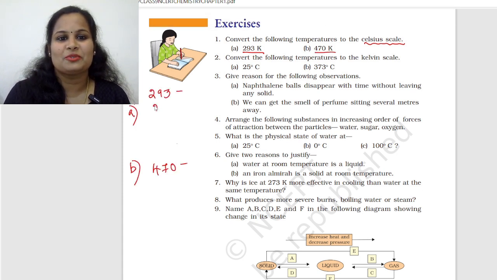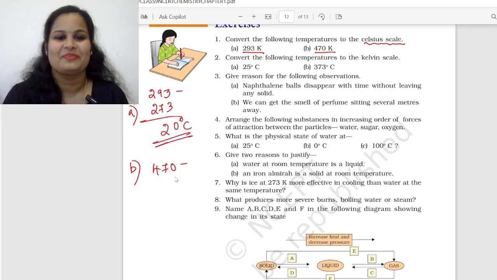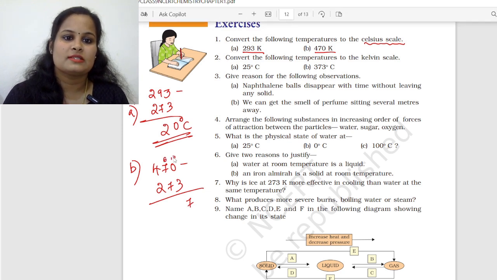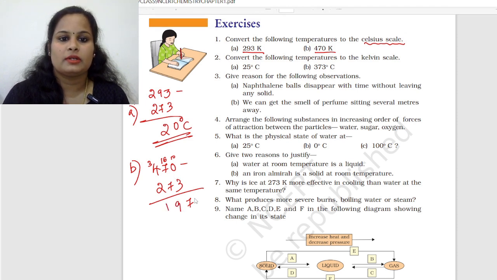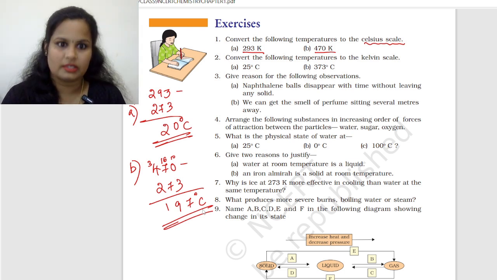This comes as 293 minus 273, which is 20 degrees Celsius. I hope this is clear to you.